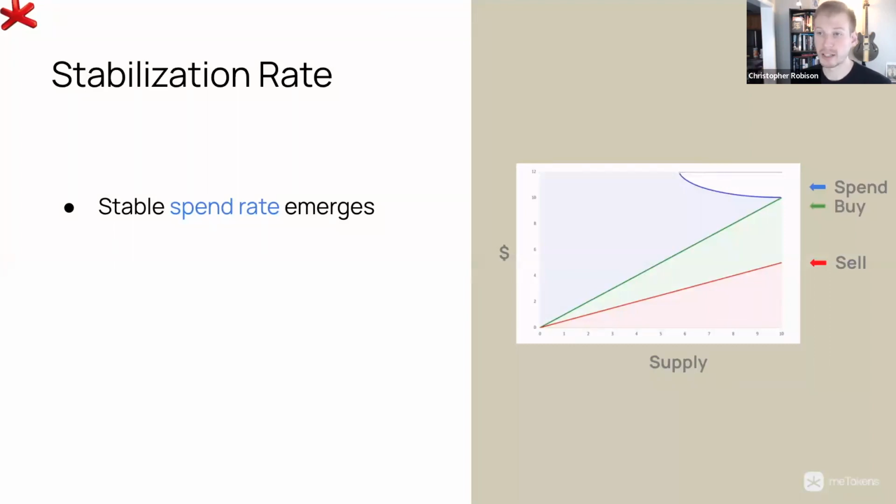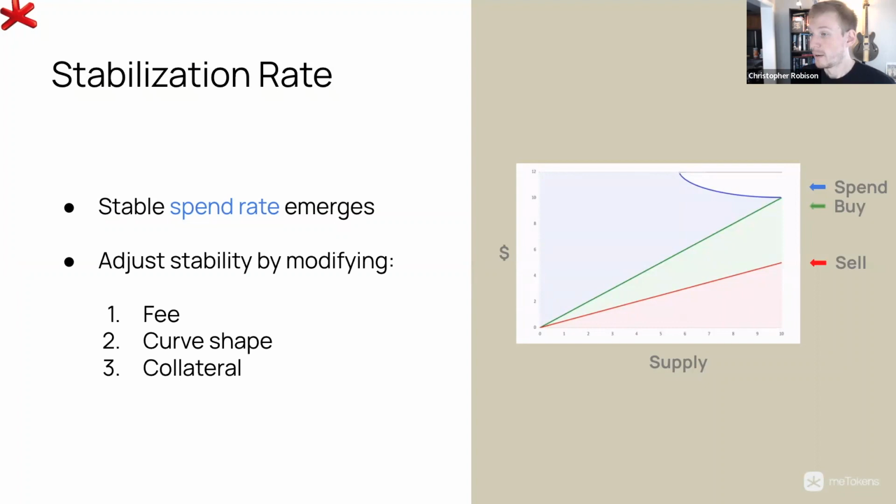Having a guaranteed or at least verifiable rate of spending is very useful for scaling your token across many different jurisdictions with people that you've never met before. To create that verifiable rate of spending, there are different parameters that you can tinker with to choose how stable you want that verifiable rate of spending to be.